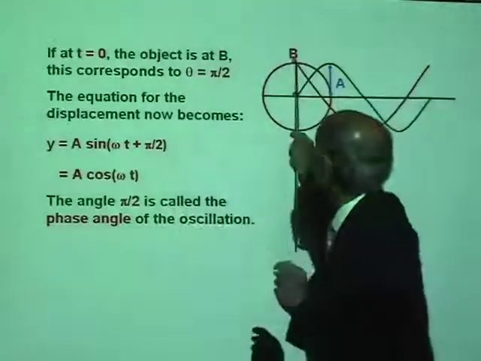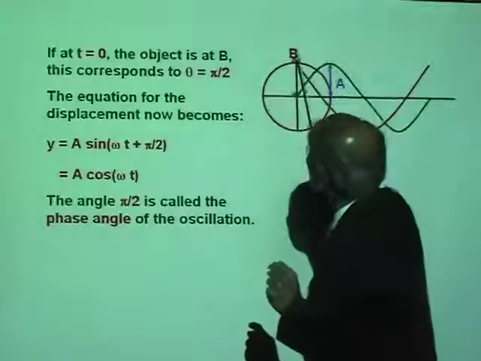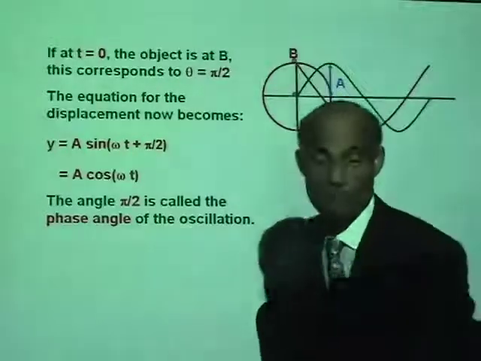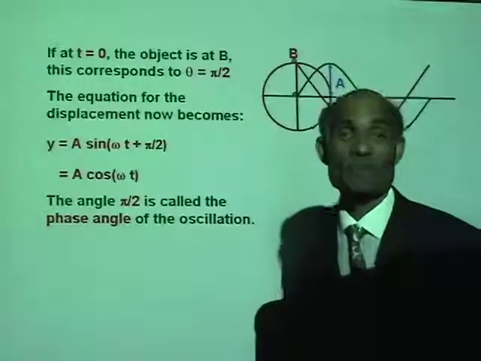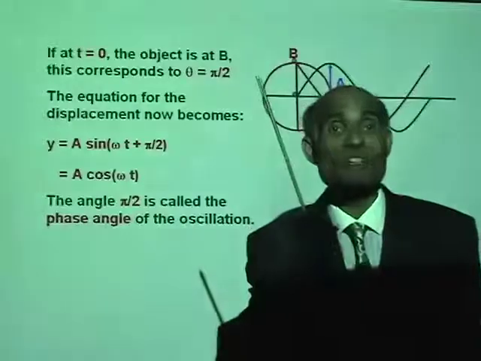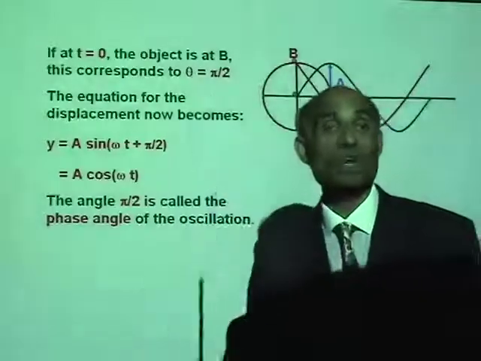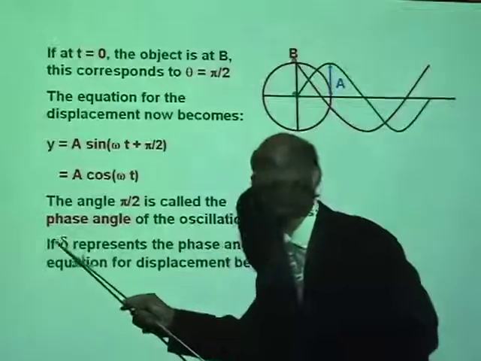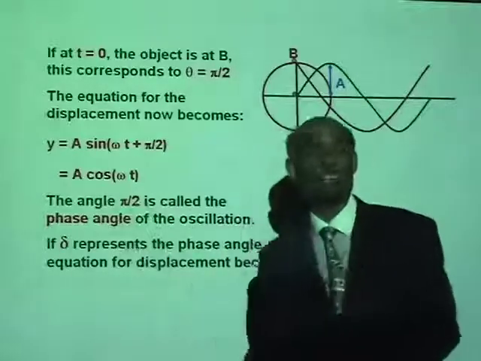So here the angle in this case, when the object is at B, is pi by 2. The phase angle tells you exactly where the object is when you start your clock. Now we will represent the phase angle by the letter delta.